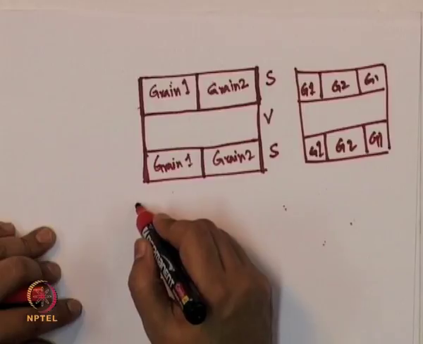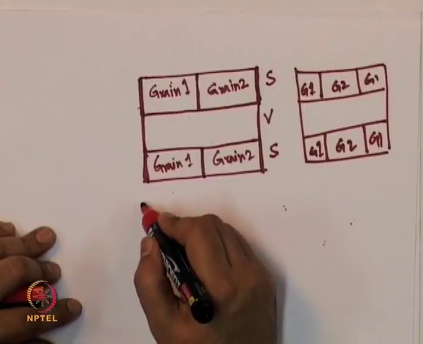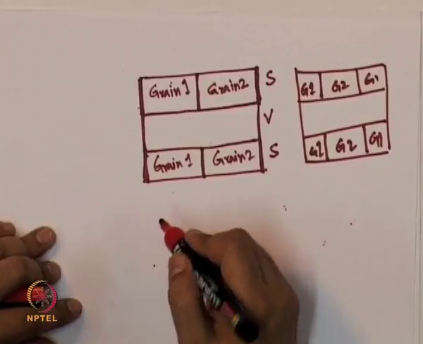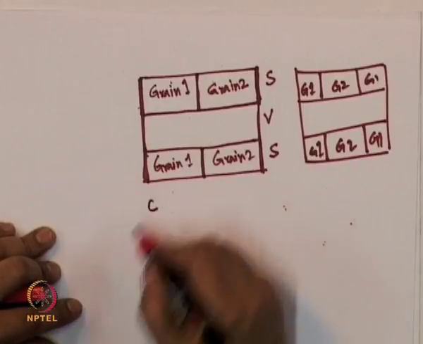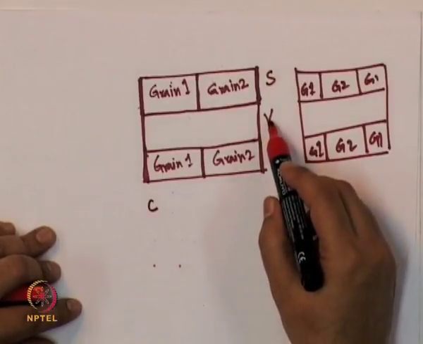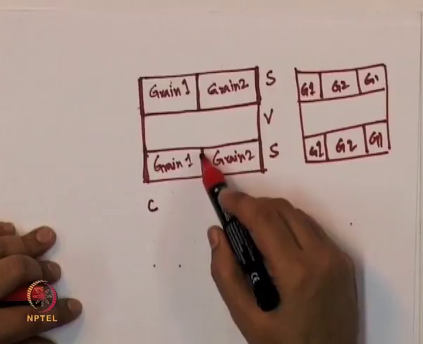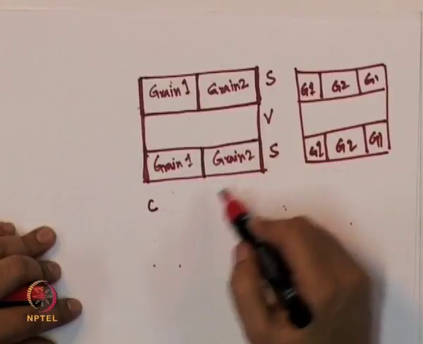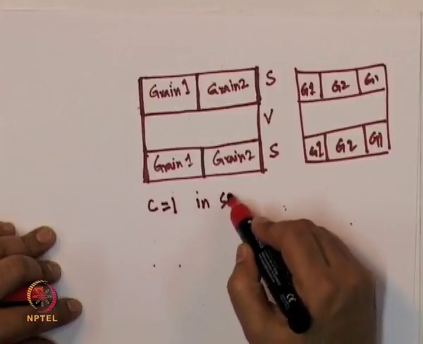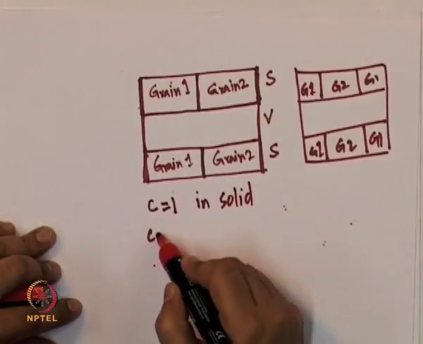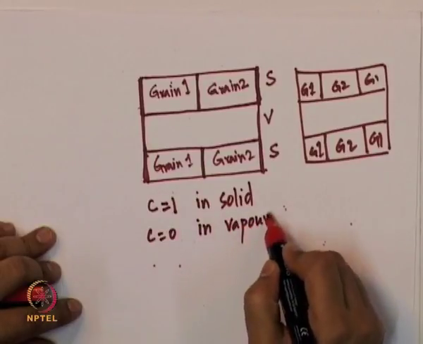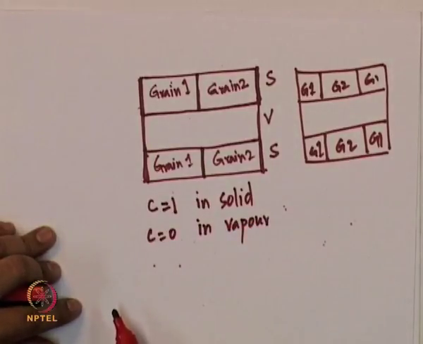I need an order parameter which is a conserved order parameter, which is like C, normalized in such a way that vapor will have very little of this material. So, C equal to 1 in solid and C equal to 0 in vapor. This is the first order parameter.